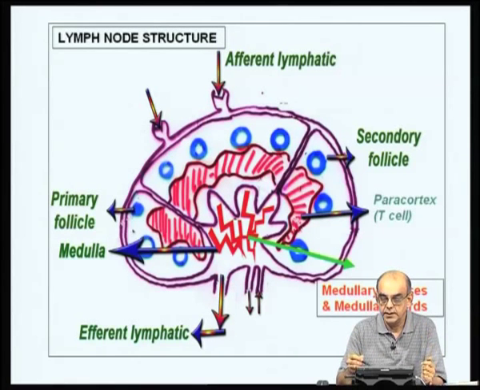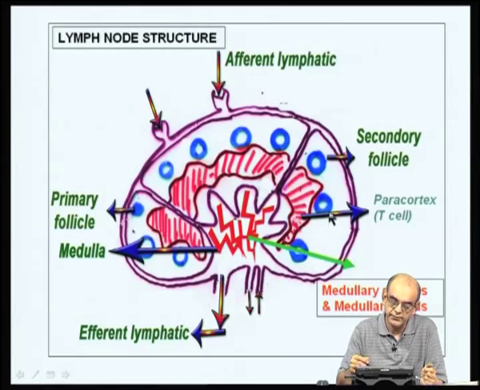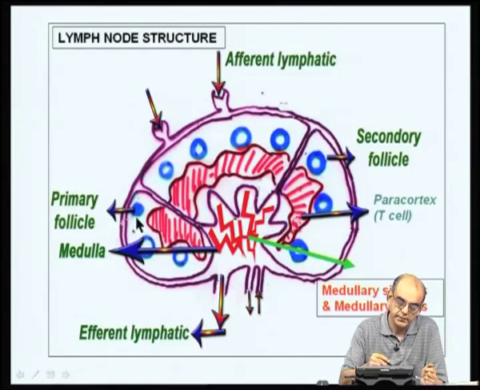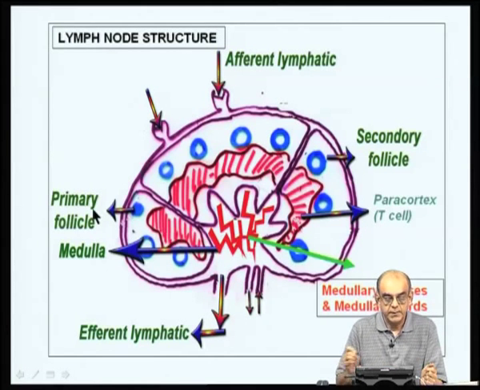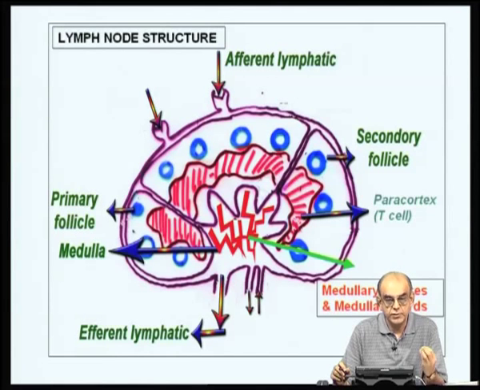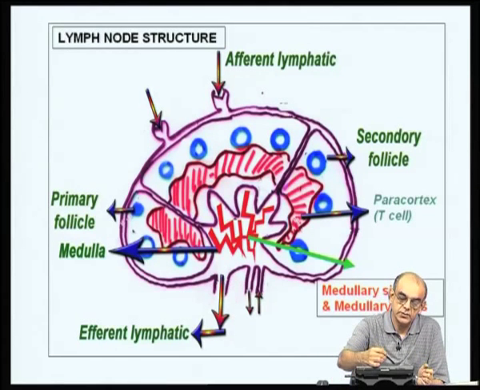So, what you see here is, beneath the cortex, an area with a congregation of cells, located where the arrow is, which is called the primary follicle. This primary follicle contains a collection of mature B cells, which are ready to interact with the oncoming antigen, which is draining in through the afferent lymphatics through these arrows.